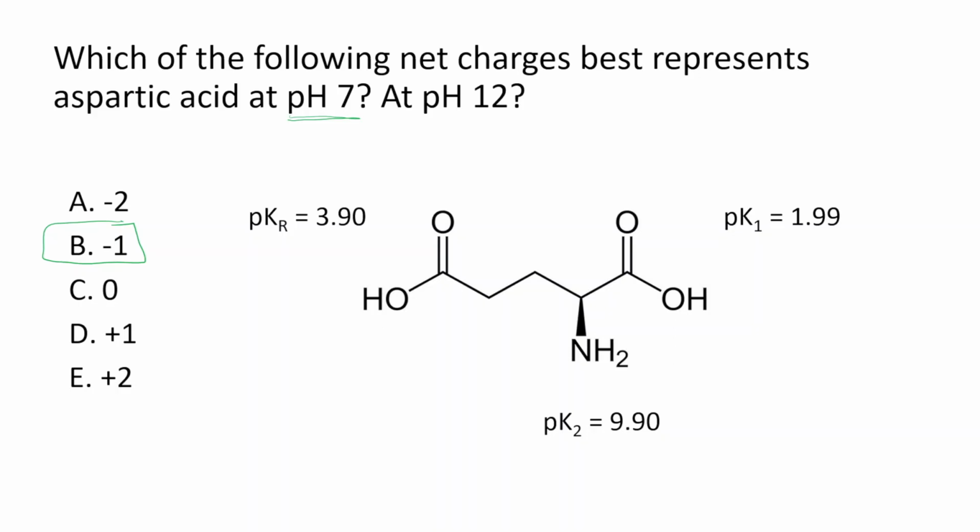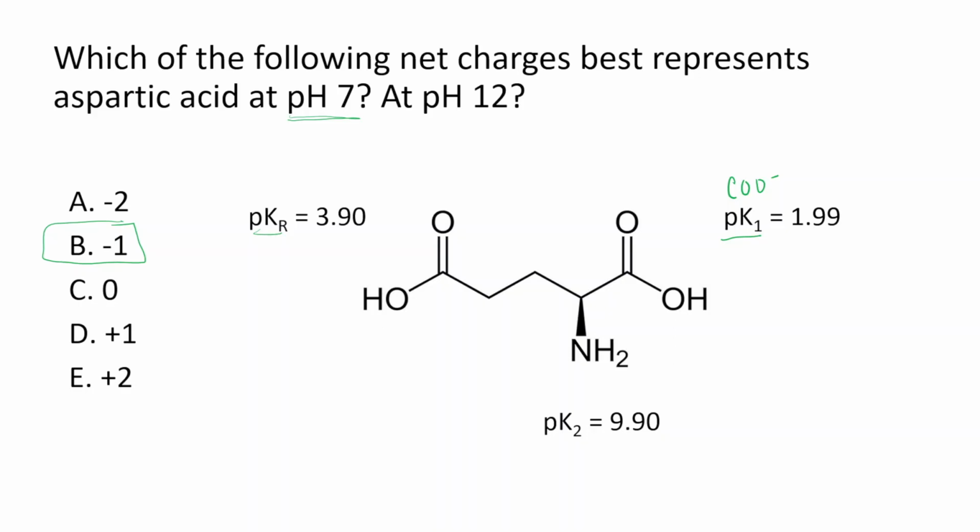So pH is 7, the two carboxyl groups will be negative. And then the amino group stays positive. Yeah, exactly. So for our carboxyl group, our first pK is 1.99. pH 7 is above that, so we're going to be deprotonated, COO minus.